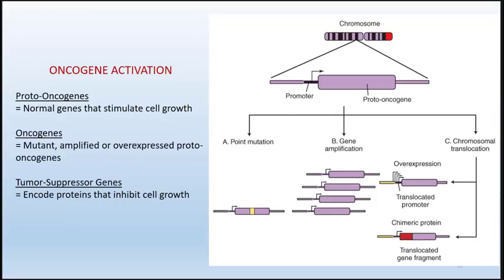But what I want you to make note of is that an oncogene is a gene that has the potential to become cancer. A proto-oncogene is a normal gene that codes for proteins within our body that help regulate cell growth and differentiation. Once again, it's a normal gene, but a proto-oncogene could become an oncogene, depending on the amount of mutations that are present, or increased expression or amplification.